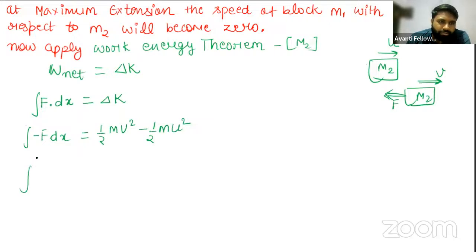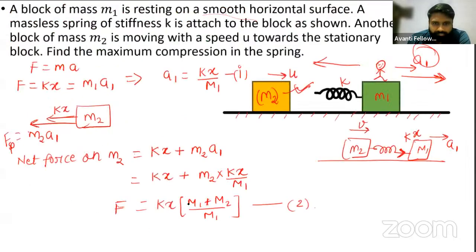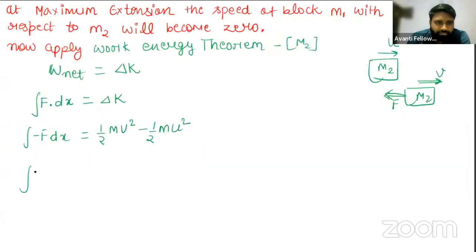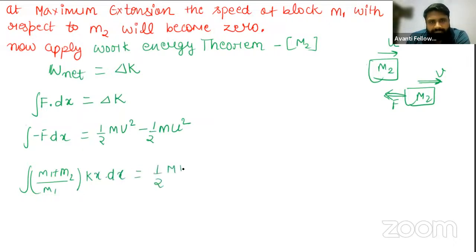Now you can put the value of F, which is kx into (m1 plus m2) by m1. So minus (m1 plus m2) by m1 into integration of kx dx is equal to 1 by 2 times m2 v square minus 1 by 2 times m2 u square.